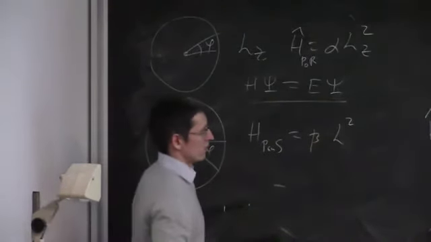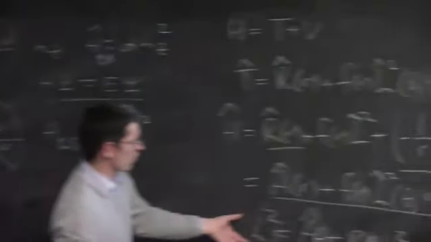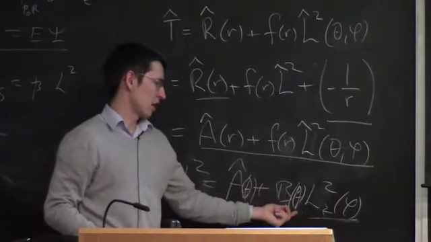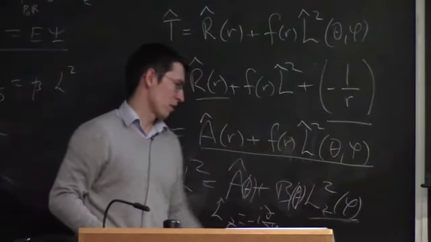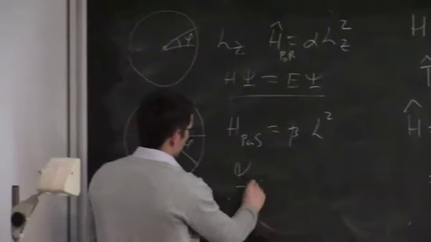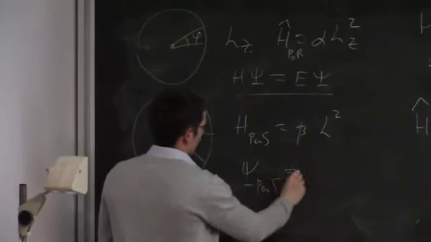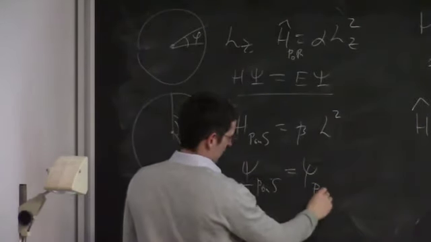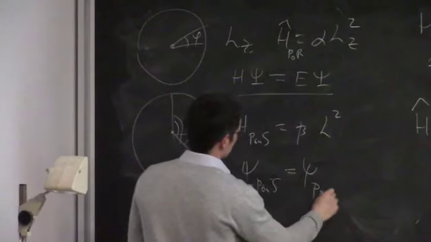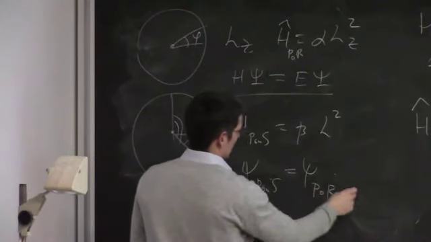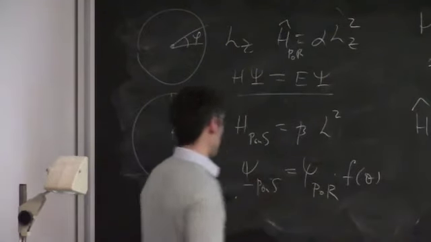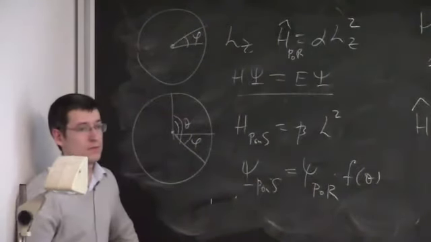How did we do that? We used that L squared actually looks like an operator of theta plus some function of theta multiplied by LZ squared of phi. And then for the particle on a sphere, we use the particle on the ring times some function of theta.